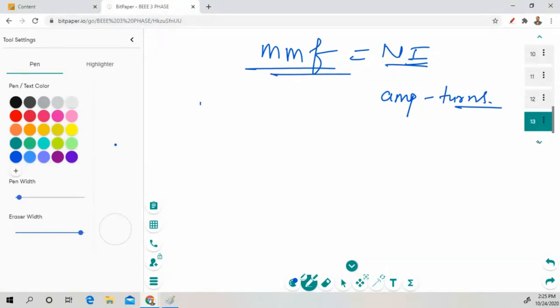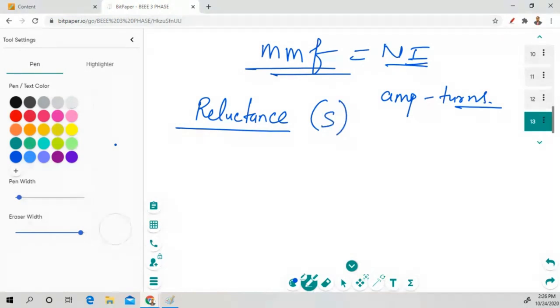Now next is reluctance. Reluctance is represented by S. What is reluctance? The opposition offered to the magnetic flux by a magnetic circuit.